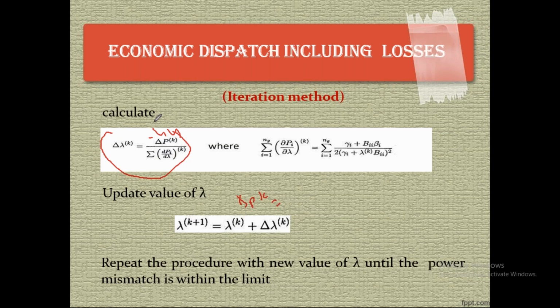Suppose initially we assume lambda equals 6. After finding this value, you will get 0.48. So finally our updated value is 6.48. Again, we have to solve the same thing until delta P equals 0.